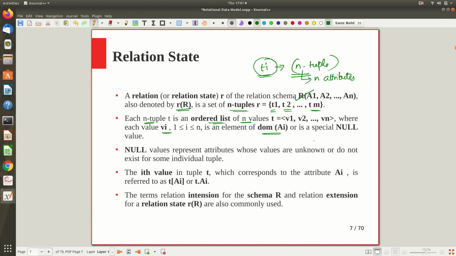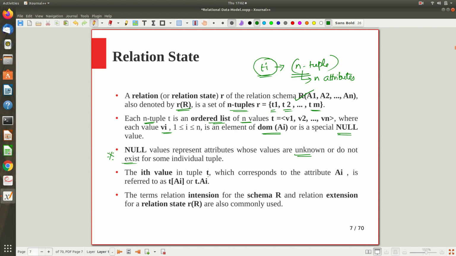And if there is no value, I can assign something called null. We use null values to represent attributes whose values are unknown. Sometimes we don't know the value, so you can't assign one from the domain, or it may not exist also. Some of the fields are not applicable, something like that. In that case, you can use null as a value. Otherwise, some value from the domain of the corresponding attribute will be assumed for these vi.